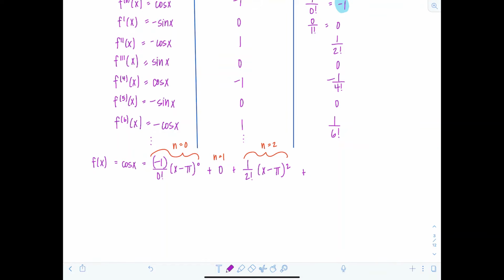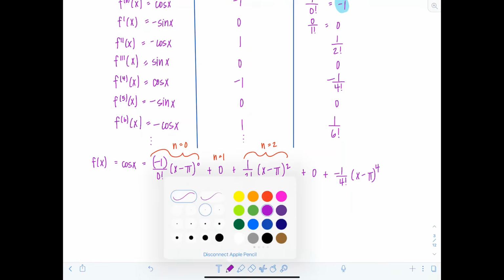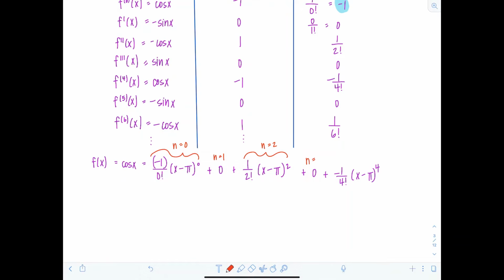Plus 0, plus negative 1 over 4 factorial times x minus pi to the 4th. So this is n equals 3. This is n equals 4. Okay, let's keep going.